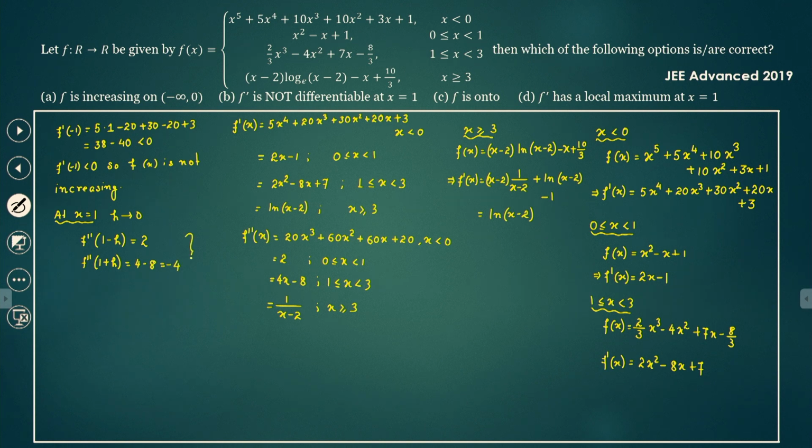As these two are not equal, we'll say that the right and left derivatives are not equal, so f dash x is not differentiable.